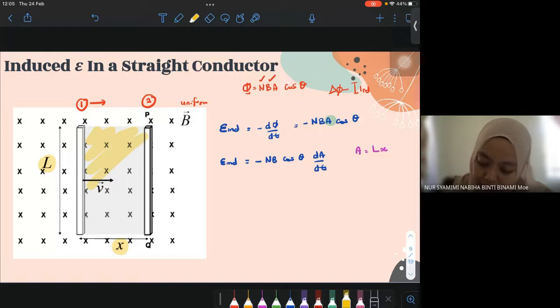So we substitute back: E induced equals negative N B, and the angle is the angle between A and B.